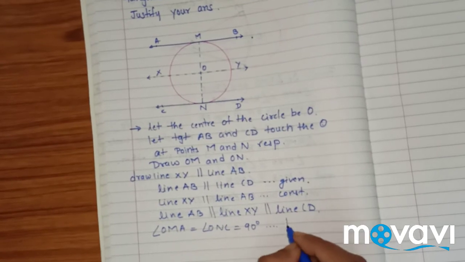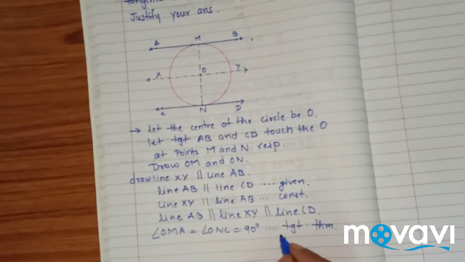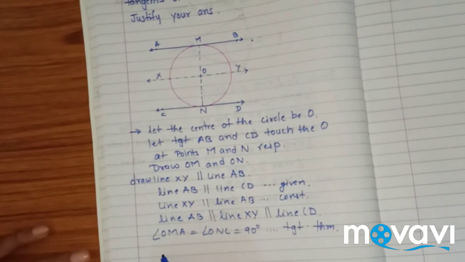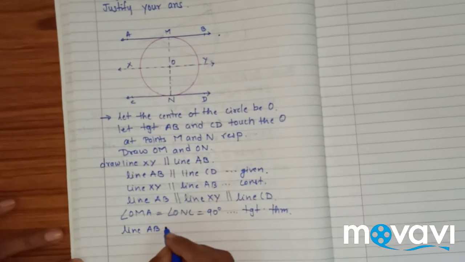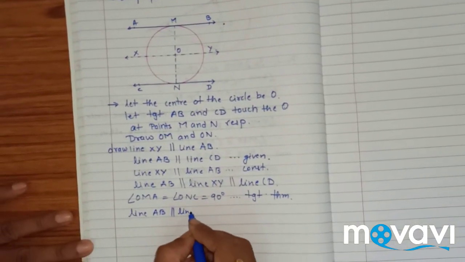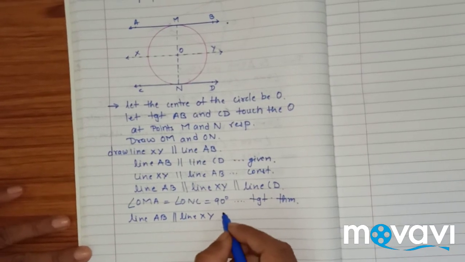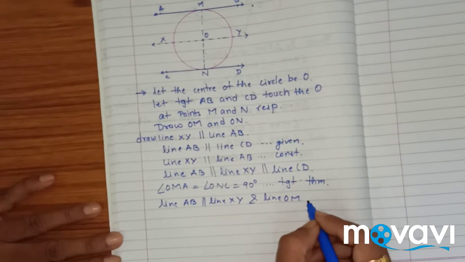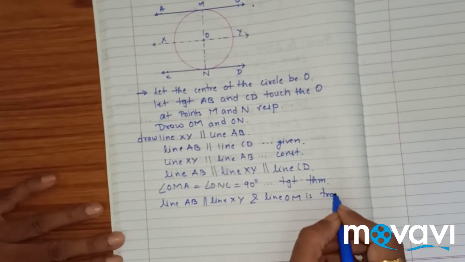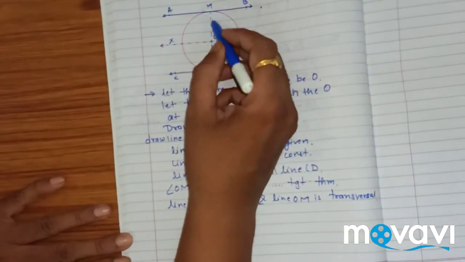Why? Because of the tangent theorem. Now consider line AB. Line AB is parallel to line XY, and line OM is transversal. Let us consider this as transversal.